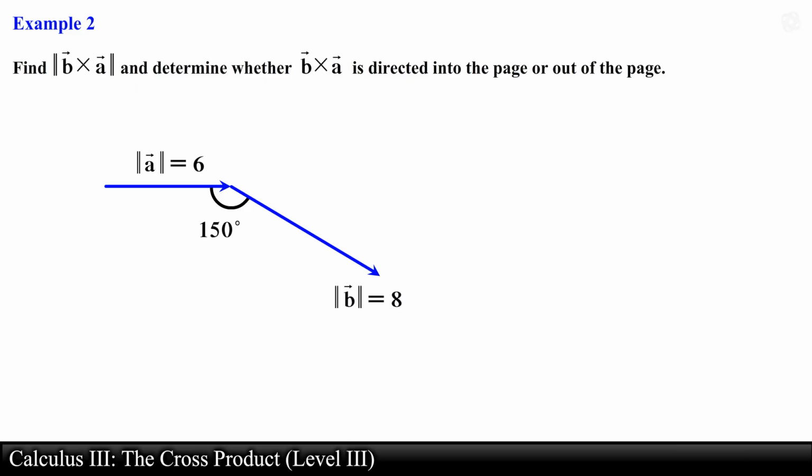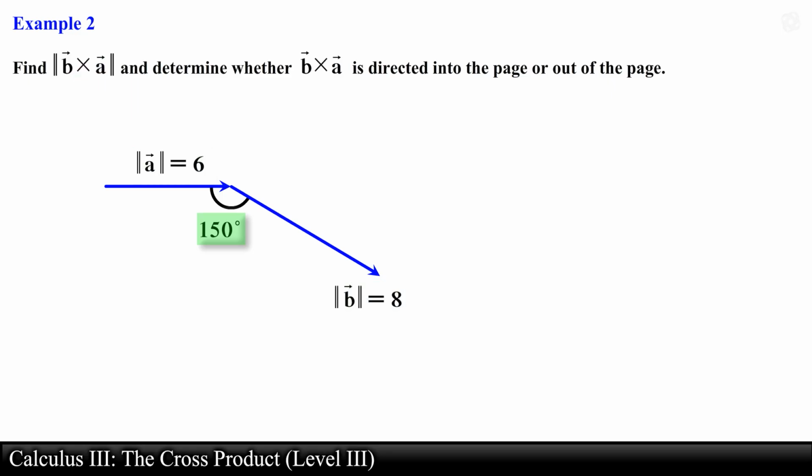Find the magnitude of vector B crossed with vector A and determine whether B cross A is directed into the page or out of the page. Similar to the previous example, we are asked to find the magnitude of vector B crossed with vector A. We are given the magnitude of each vector and an angle.